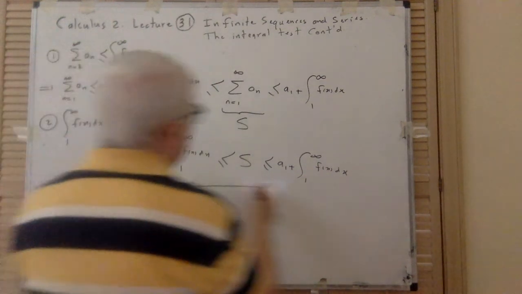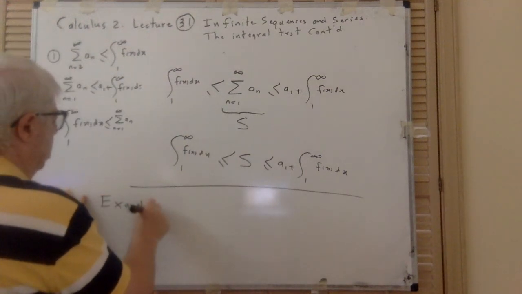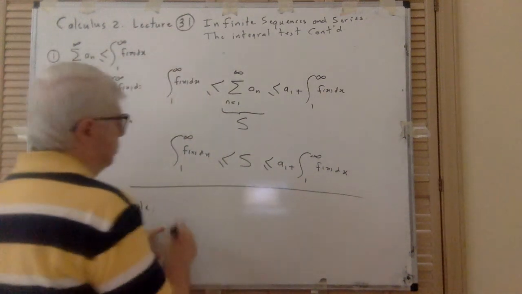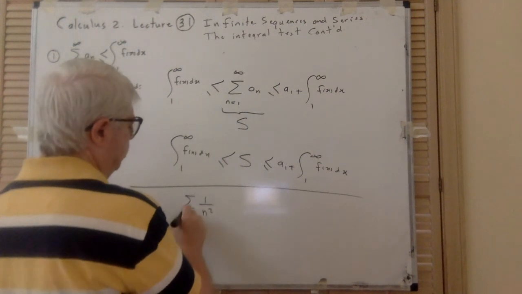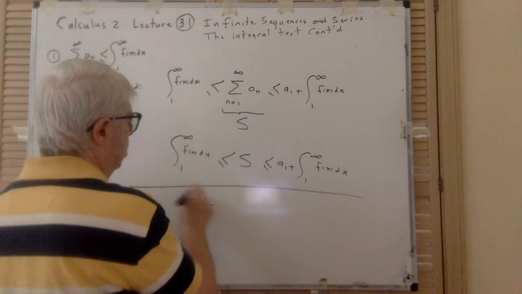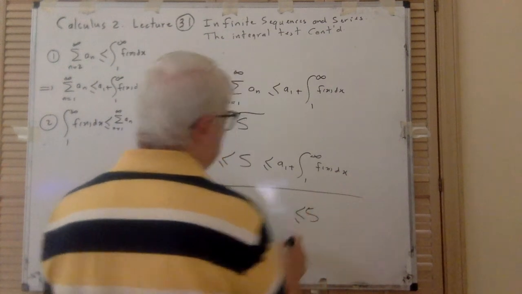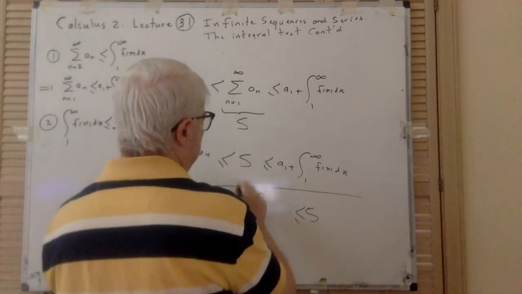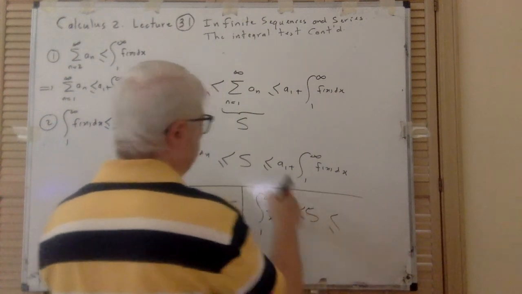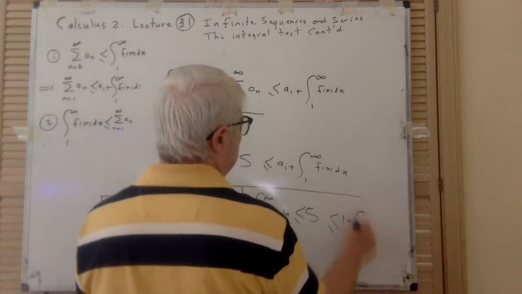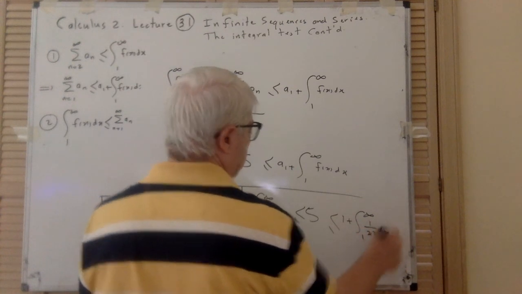For example, for the sum of 1 over n squared, from 1 to infinity, let's say this is S, then S is between the integral from 1 to infinity of 1 over x squared dx, and what is a1? a1 is simply 1 plus the integral from 1 to infinity of 1 over x squared dx.